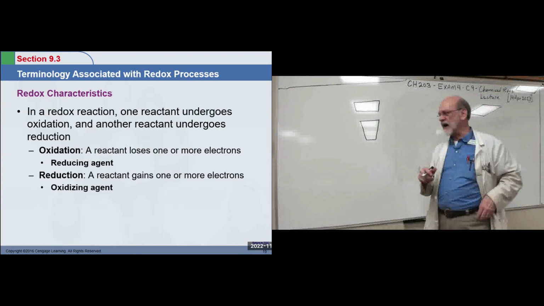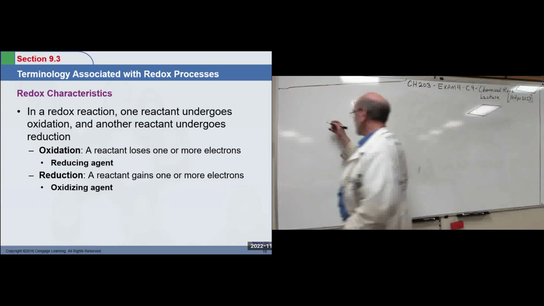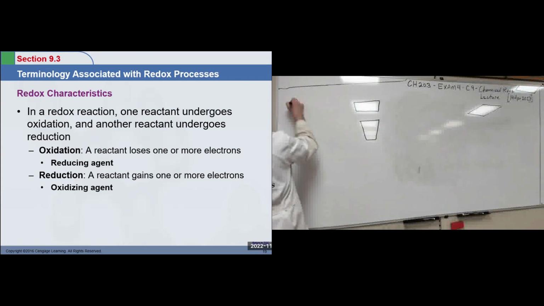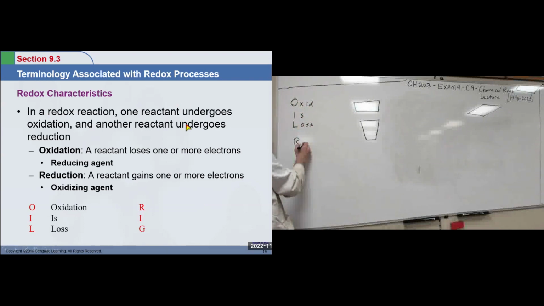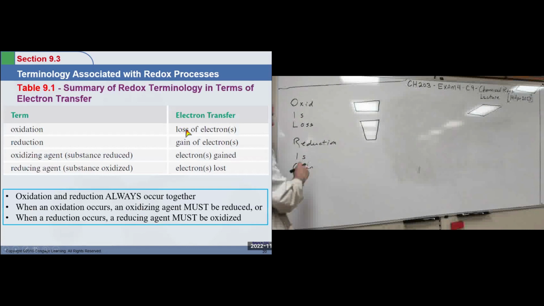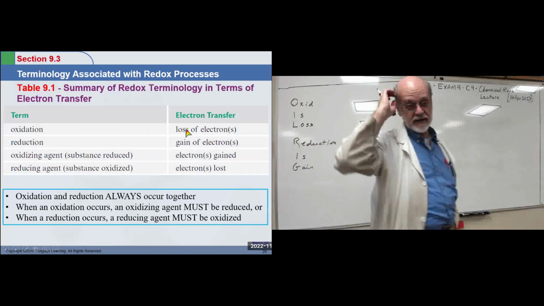So there's the mnemonic for remembering what that means, how to tell the difference. OIL RIG. So oxidation is loss of electrons, and reduction is gain. And so we're going to have an example in a second.